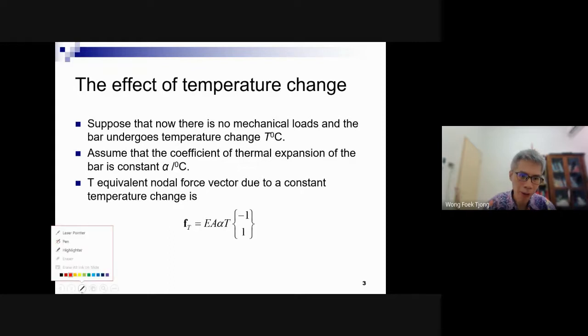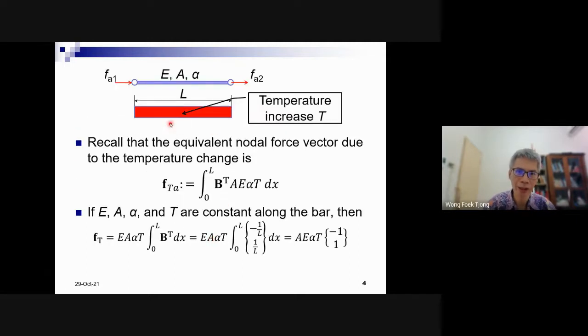So we can prove that the equivalent nodal force due to constant temperature T is this one. Okay, how to prove that? Okay, due to constant temperature increase. Because the temperature distribution also can be not constant.